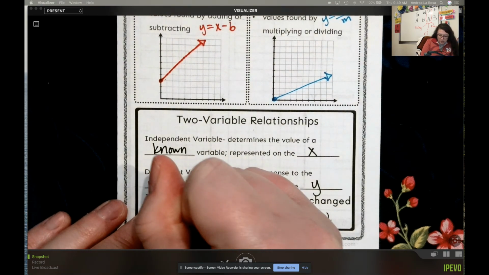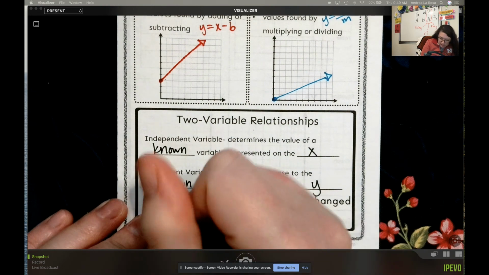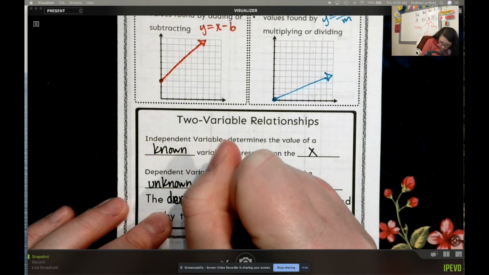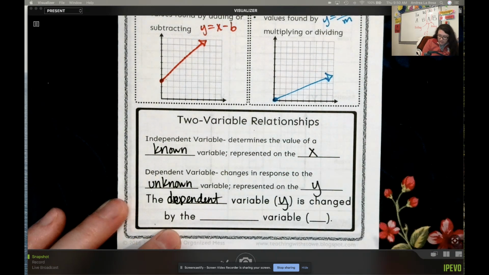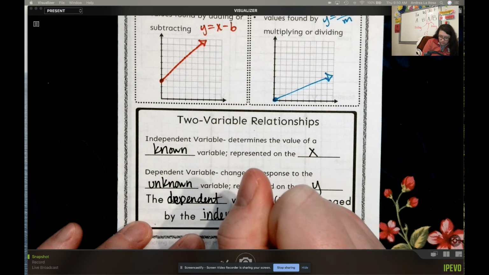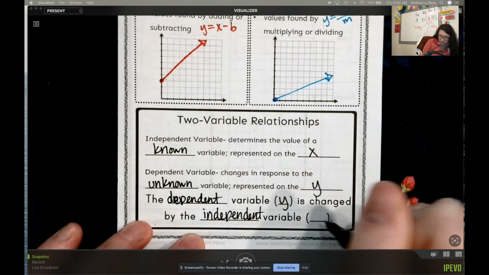So again, the dependent variable y is changed by the independent variable, which is the x.